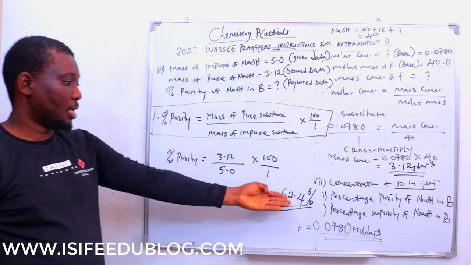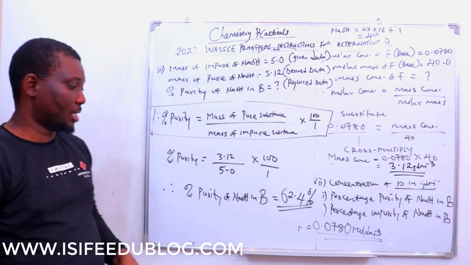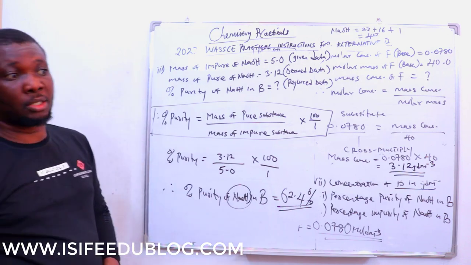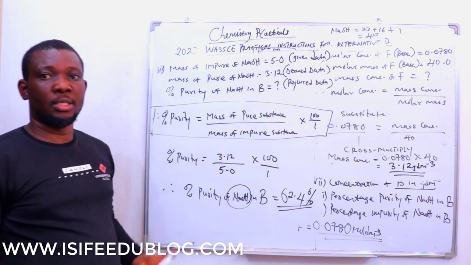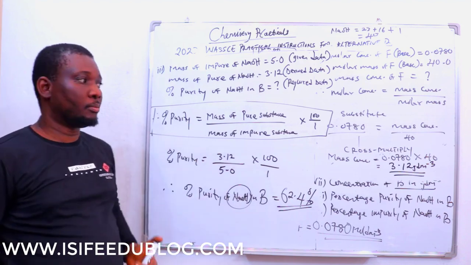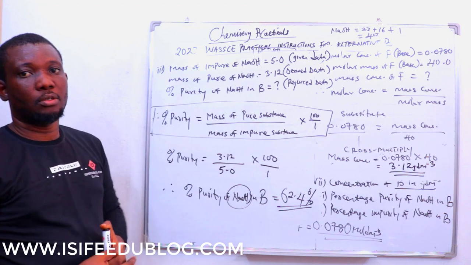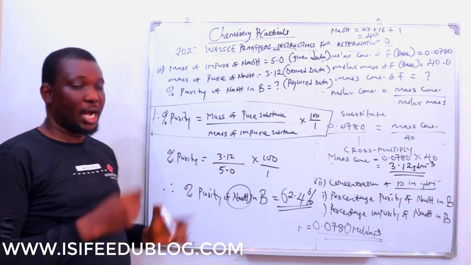So as you find how pure this is, remember that this substance is deliquescent. When it is exposed during the process of weighing, it might have absorbed some particles or moisture from the air, and that adds to its mass.